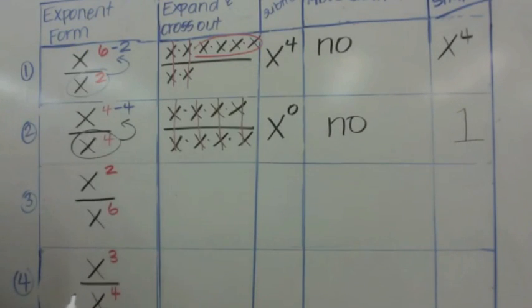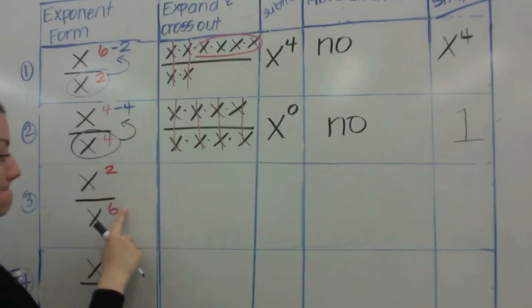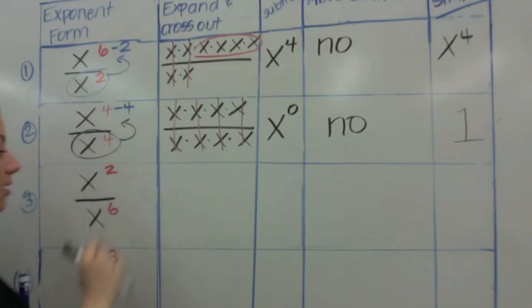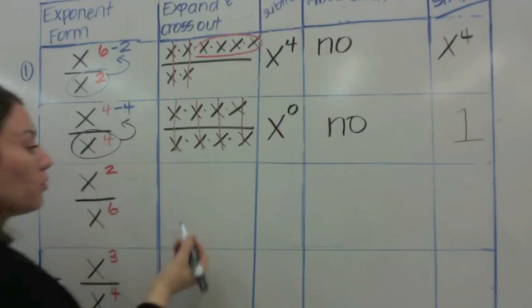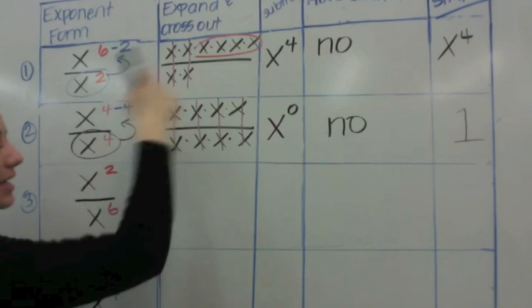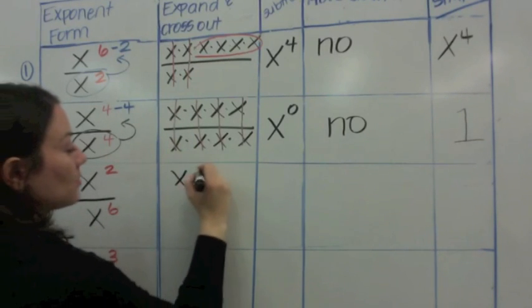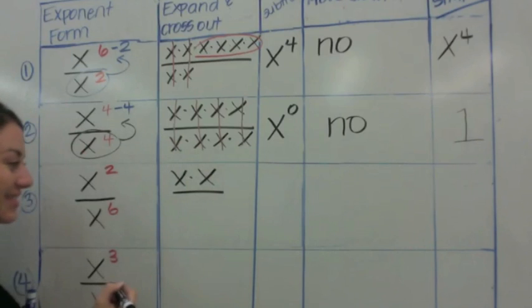So with these, if you subtracted the bottom from the top, you're going to get negative numbers. Now, I'll show you both ways. Let's expand this out. Expand and cross out, right? You're going to make them 1. So x squared is x times x divided by x to the 6th power.